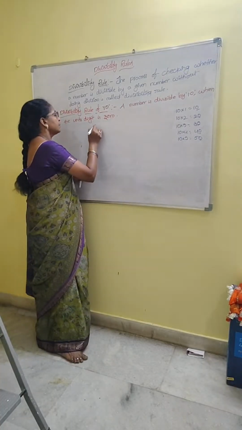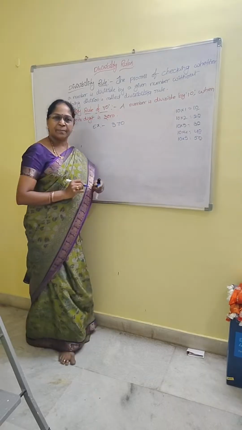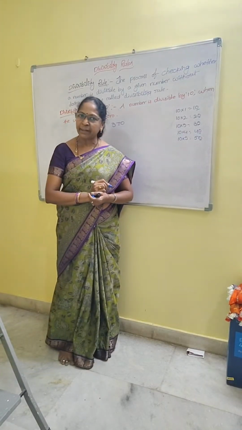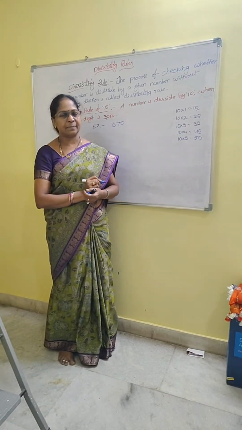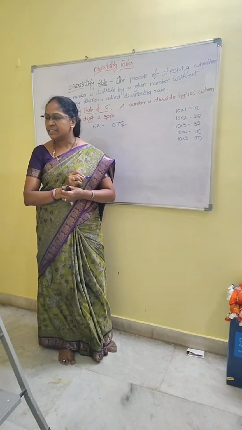Example here: 370 is a number. Is this number divisible by 10? Yes, you can say immediately. Why? Because the unit digit is 0.